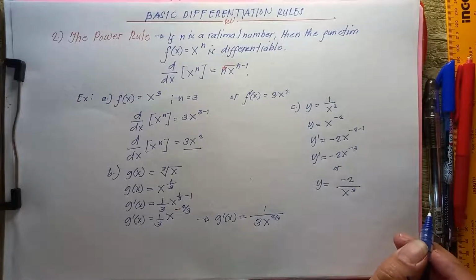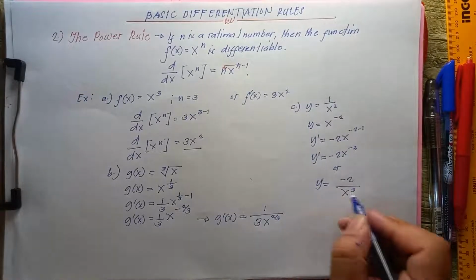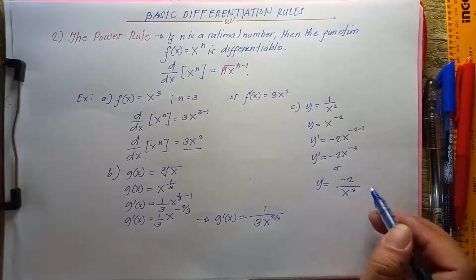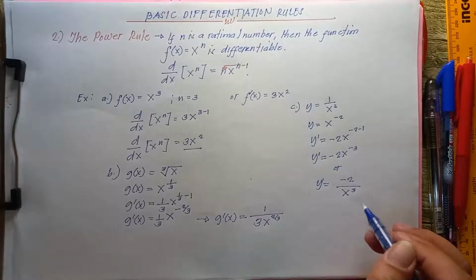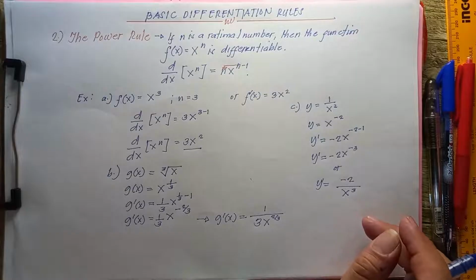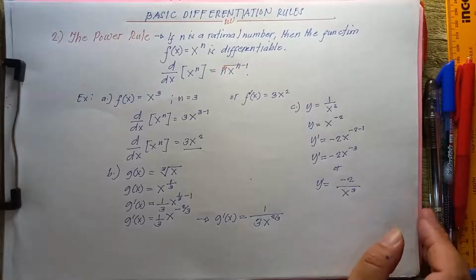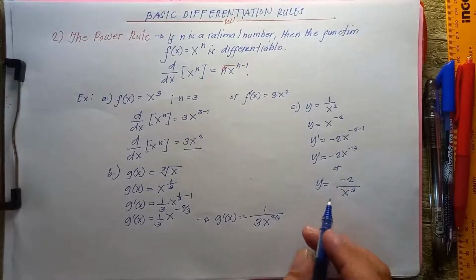So that would be the result: y prime is equal to negative 2 over x raised to 3. Okay, so that is how to make use of the power rule. A very easy one.